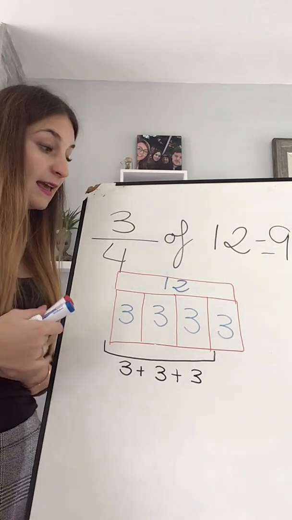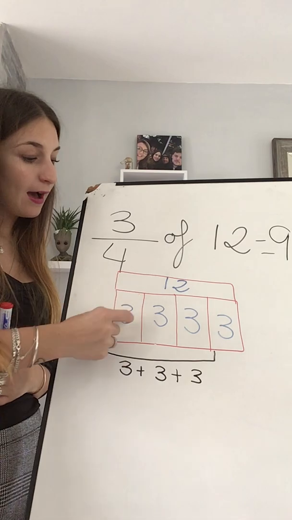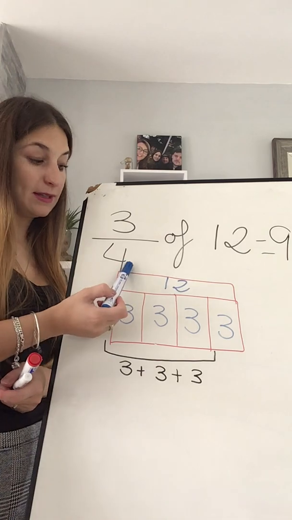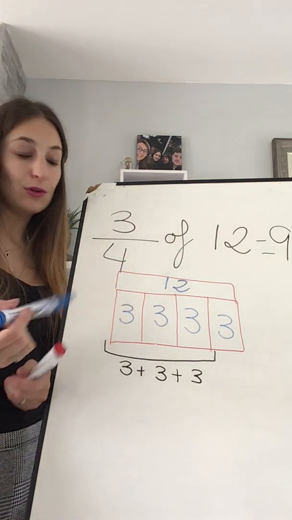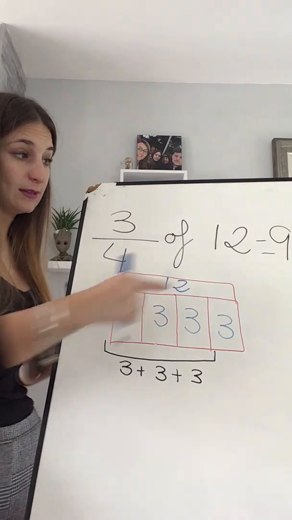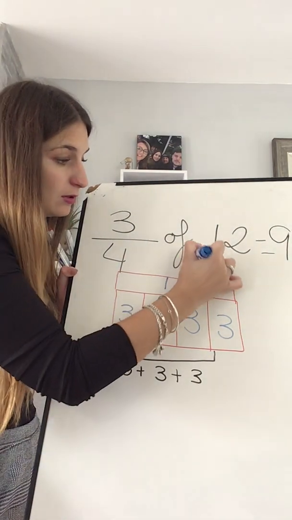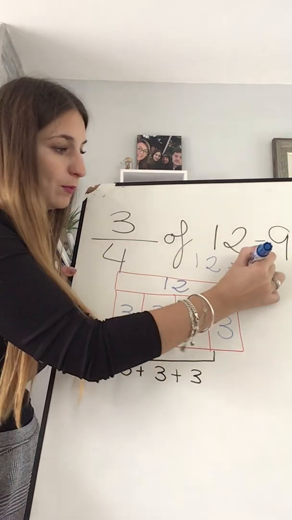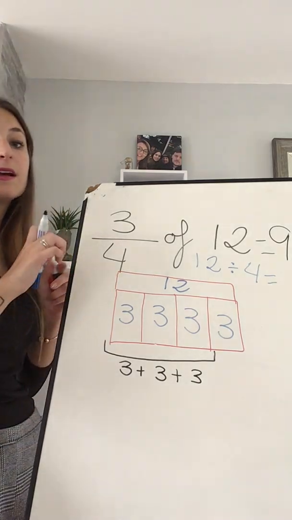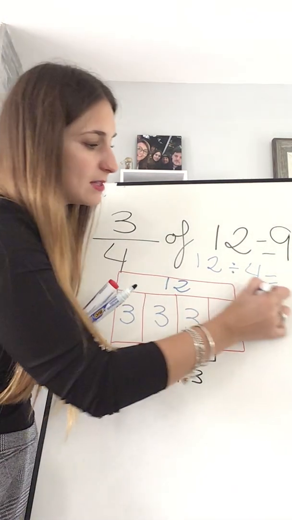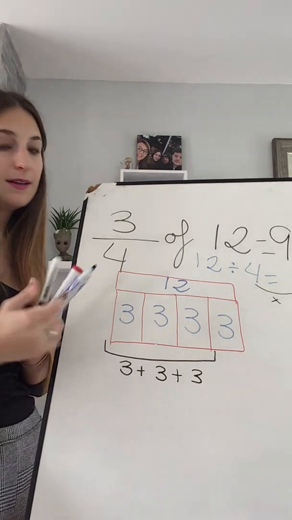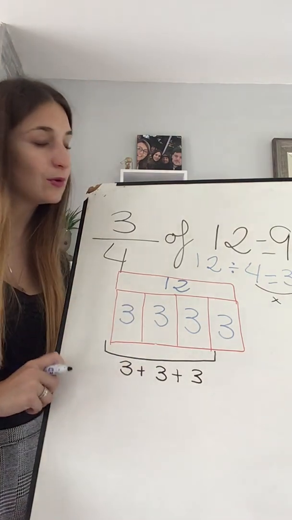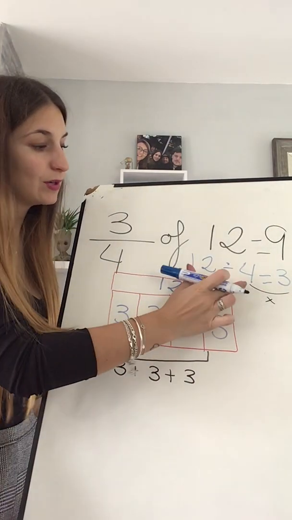Easy, really easy. If you do not know how to share it equally, because I knew already that 12 divided by 4 is 3, but if you do not know it, you can just basically do it. So you can get your whole amount, which is 12, and you are sharing it between 4 equal parts. So you will need to think, what number on my 4 timetable times 4 equals 12? 3. 3 times 4 equals 12.